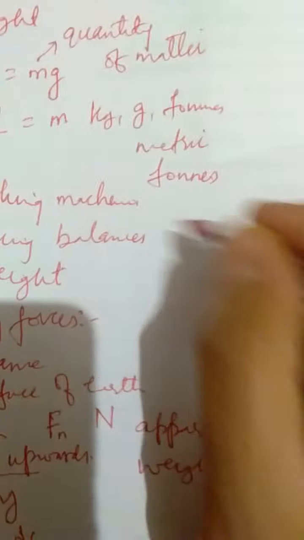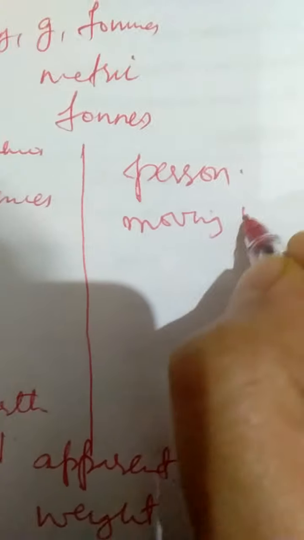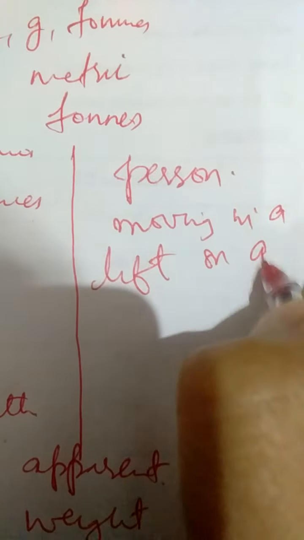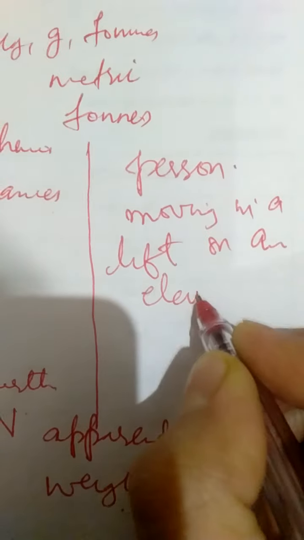Now, an interesting, popular example in that context is a person moving in a lift or an elevator. So let's try to see what are the various kinds of cases that arise.